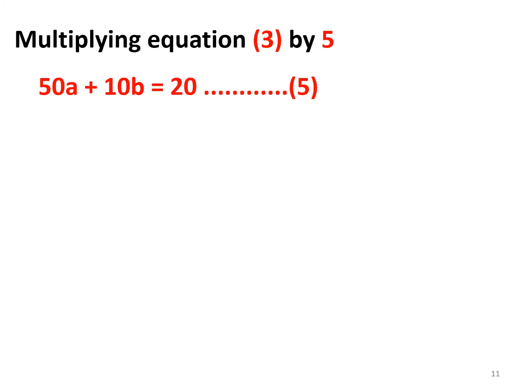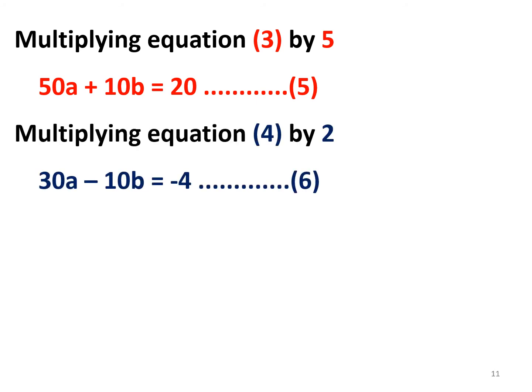Multiplying equation 3 by 5, I get 50a plus 10b is equal to 20. Equation number 5. Multiplying equation 4 by 2, I get 30a minus 10b is equal to minus 4.